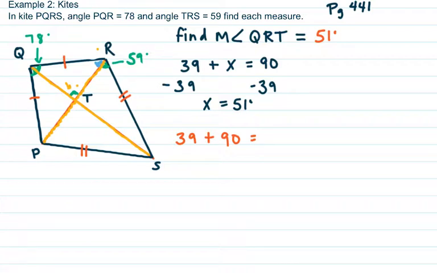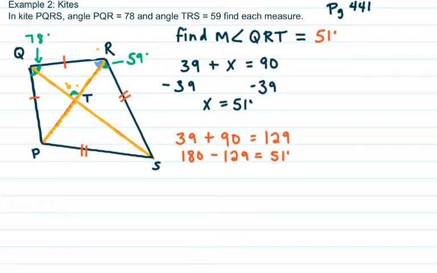So 39 plus 90 is 129, and then I could have just subtracted it from 180. And that should give me the same number. So 180 minus 129 is also 51.